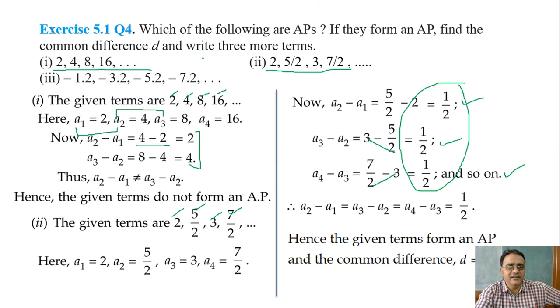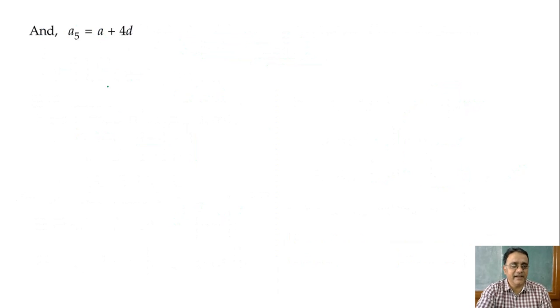We have to find 3 more terms. So let us find the 3 more terms. A5. A5 कैसे लिख सकते हैं हम लोग? A plus 4D और दूसरा तरीका क्या है? A4 plus D. Right?